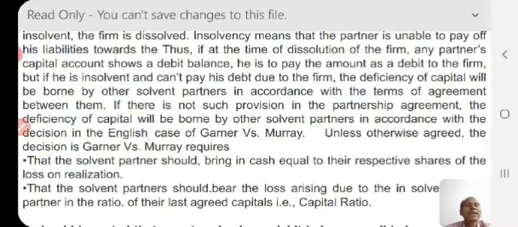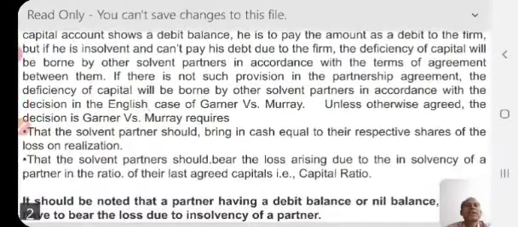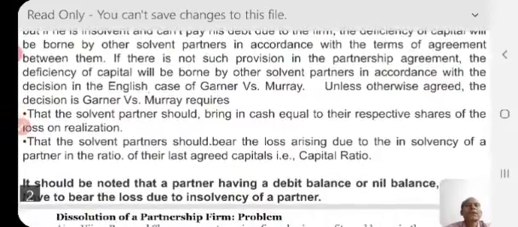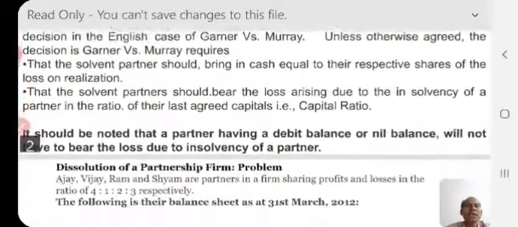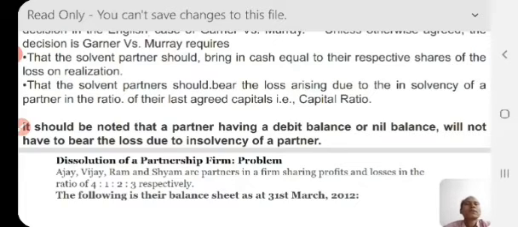Unless otherwise agreed, the decision in Garner versus Murray requires that the solvent partners should bring in cash equal to their respective shares of the loss on realization.